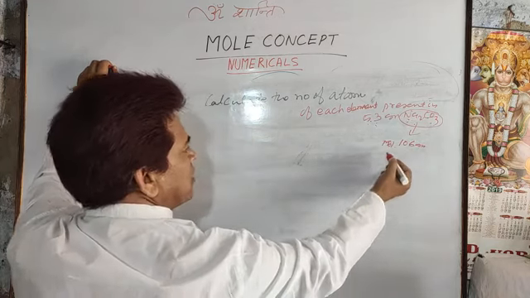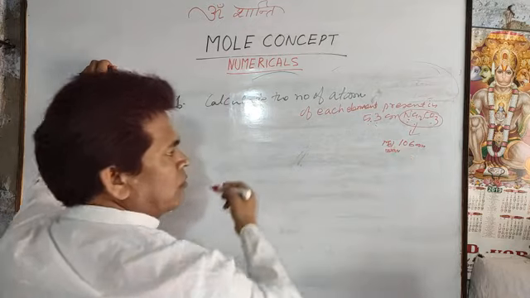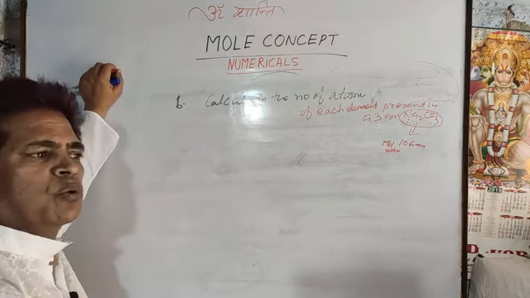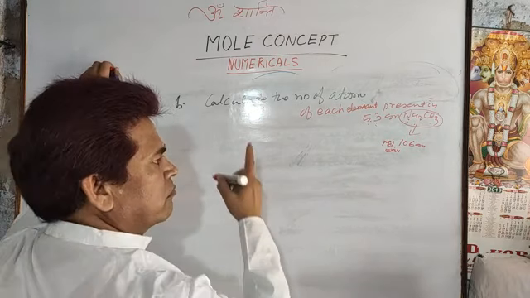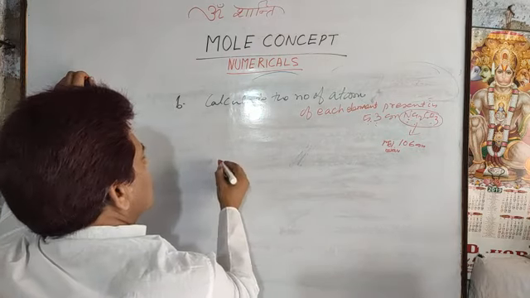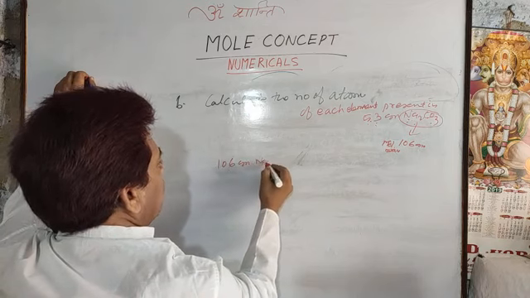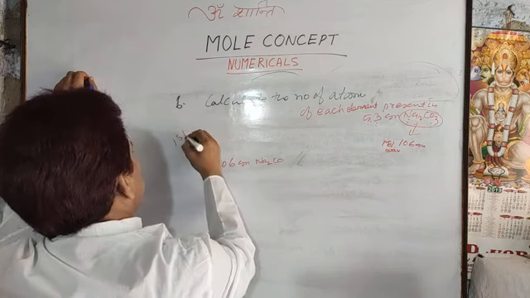In the mole concept you have written that the molecular mass of any compound in grams is equal to 6.022 × 10^23, the previous relation. So you can write here 106 gram sodium carbonate. This is the first method.